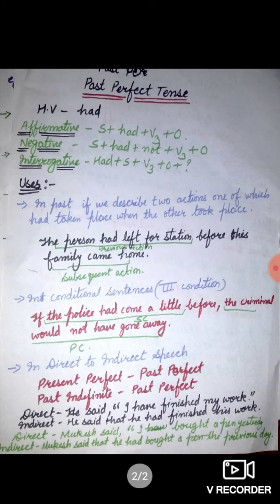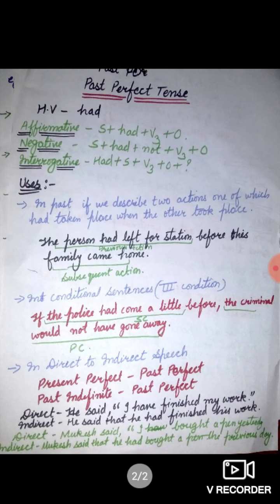Two uses of direct to indirect: if the reported verb is in past tense and the reported speech is in present perfect, then this tense is changed into past perfect. And if the reported speech is in past indefinite, then it is also changed into past perfect.